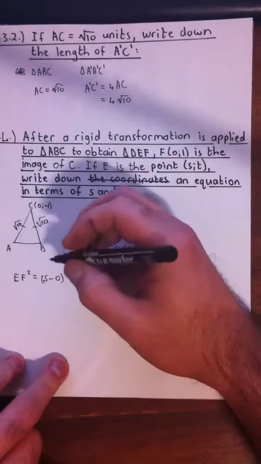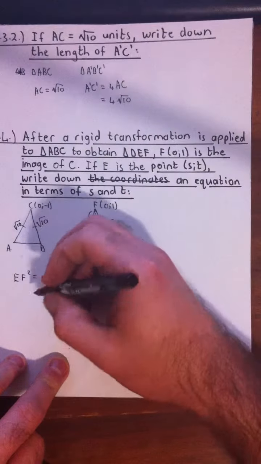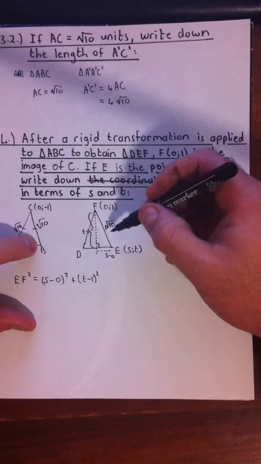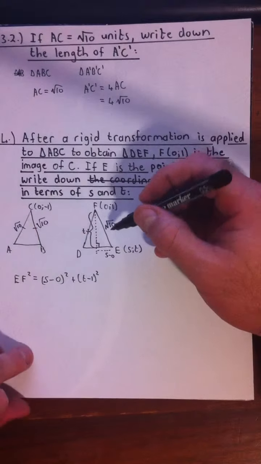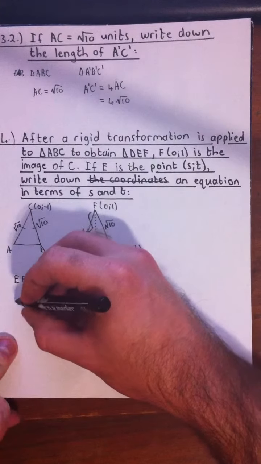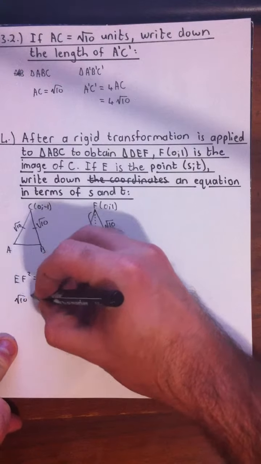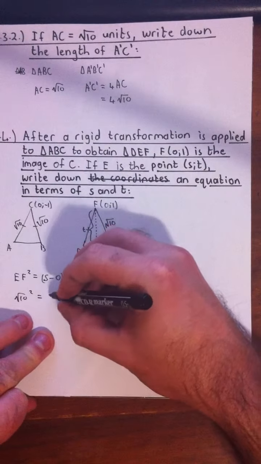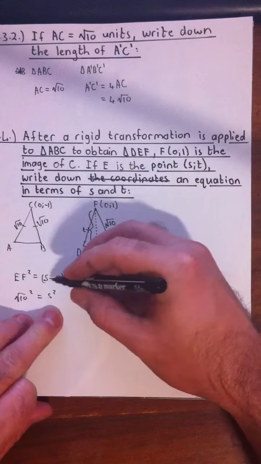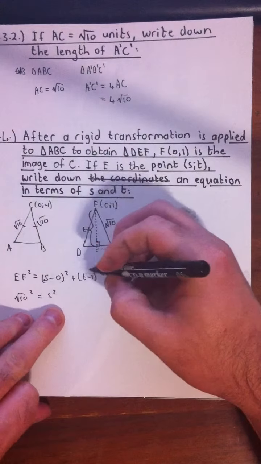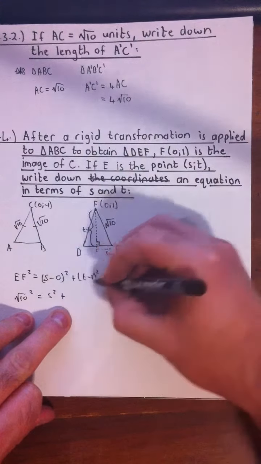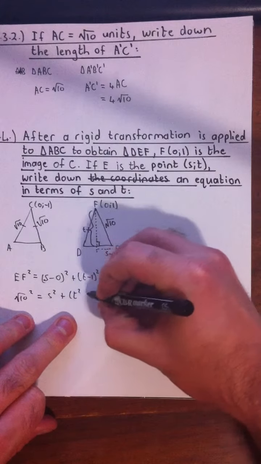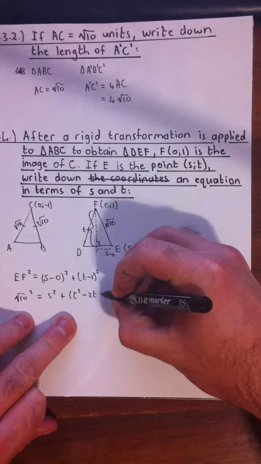Okay, so we'll take the square root of both sides, but we also know EF squared is equal to CB squared, which is 10. Okay, so square root 10 squared is equal to S squared, which S minus 0 is just S, you square it, you still get S squared, plus T minus 1 squared will give you T squared minus 2T plus 1.